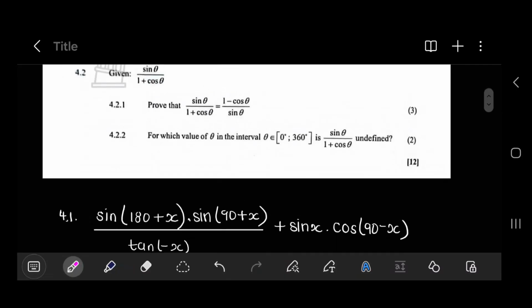Now 4.2, we are given sine theta over 1 plus cos theta. And it says, prove that sine theta over 1 plus cos theta is equal to 1 minus cos theta over sine theta. So here's what we gotta do. This is the type of question where we are proving left-hand side is equal to right-hand side.